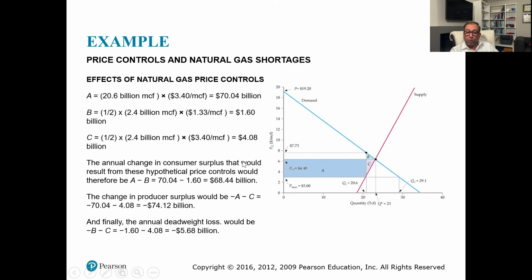We can get these values very easily by plugging values into the equations. This is our equilibrium price, 6.40, when we equate these two equations.